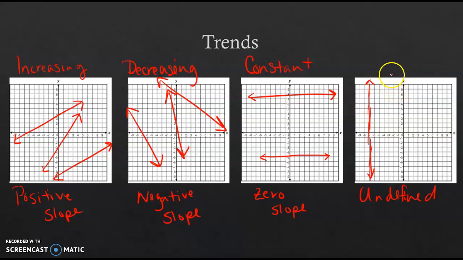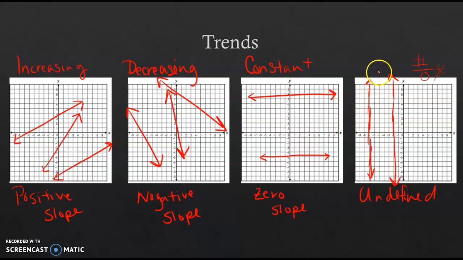When we have these vertical lines, those are undefined slopes, because what this is saying is that we have a vertical number. We have a rise, but we don't have a run, and we can't divide by 0. That's an absolute no-go, because you can't take something and split it into nothing.